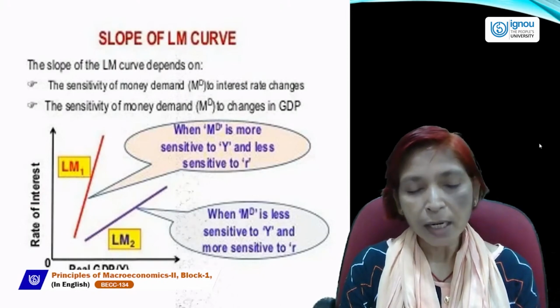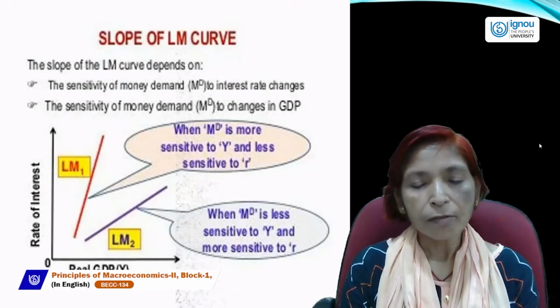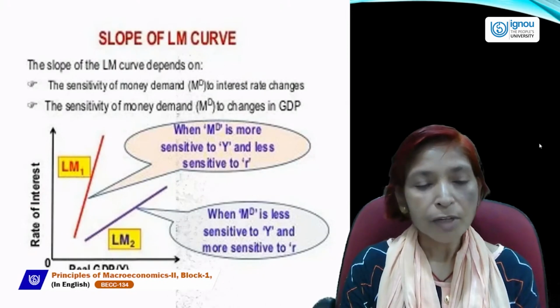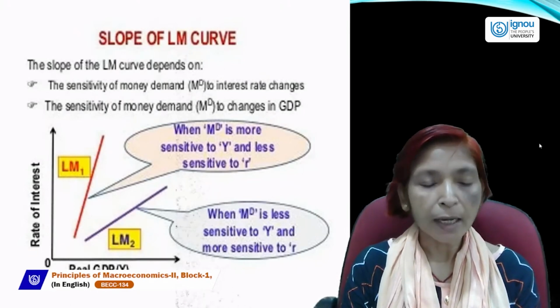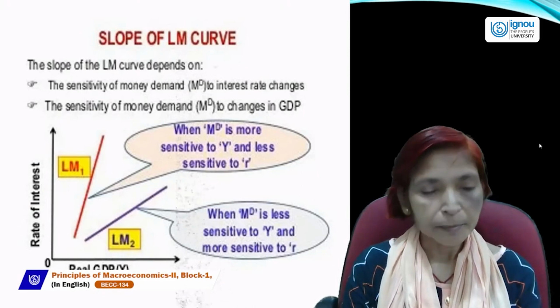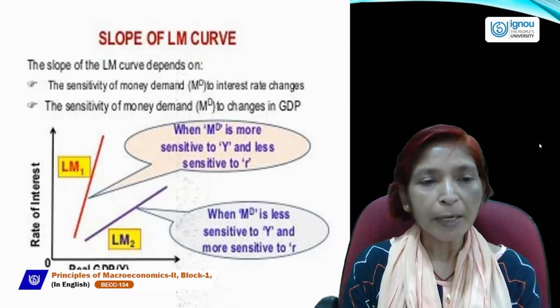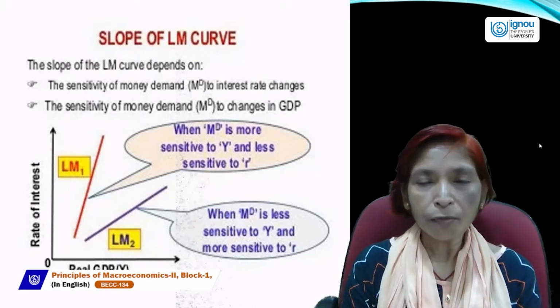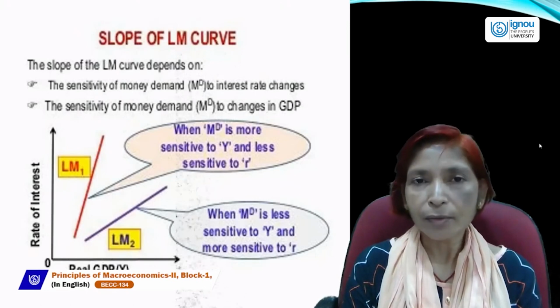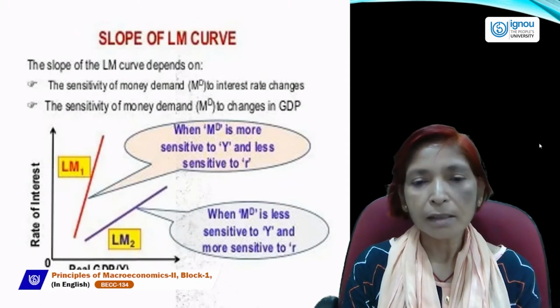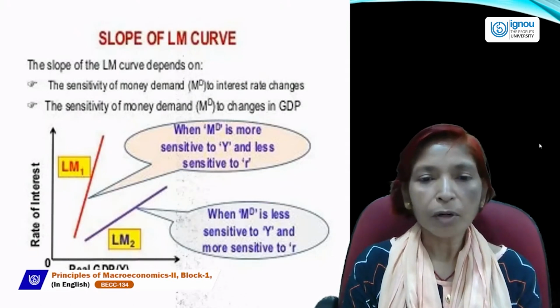And LM2 is showing a flatter LM curve, which is generally more elastic. That is, flatter LM2 and steeper LM1, and both depend upon two factors: interest rate and level of income or GDP.